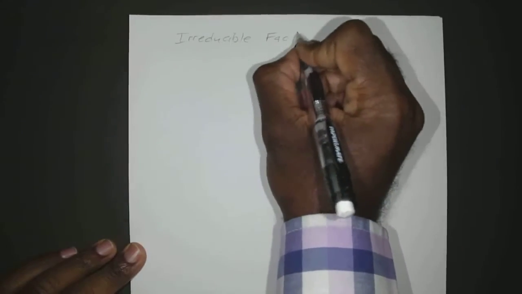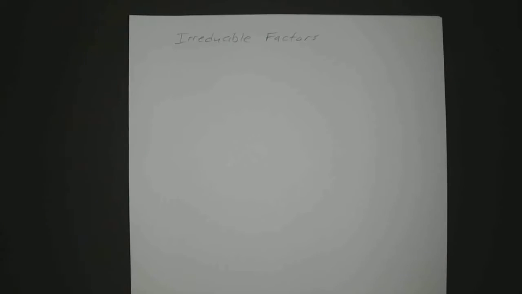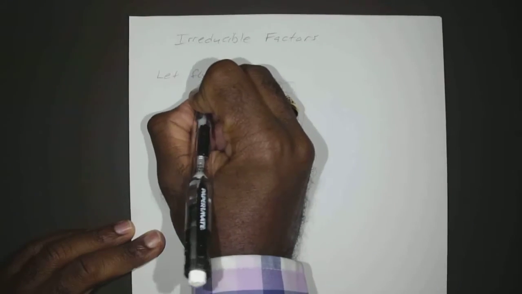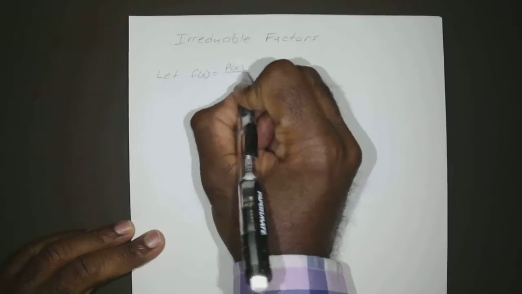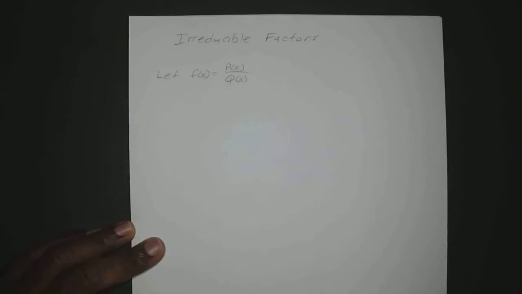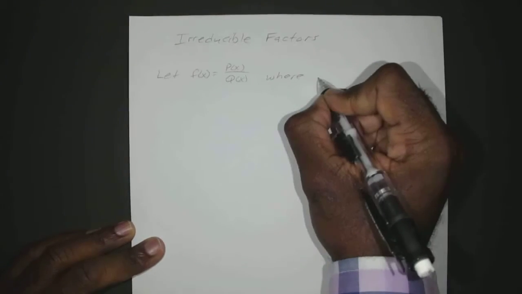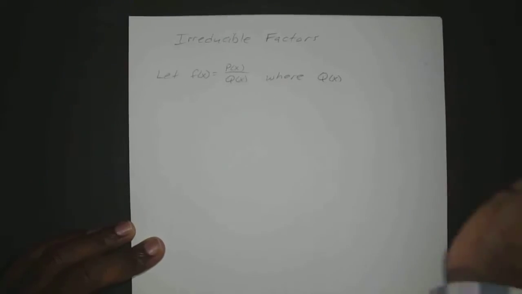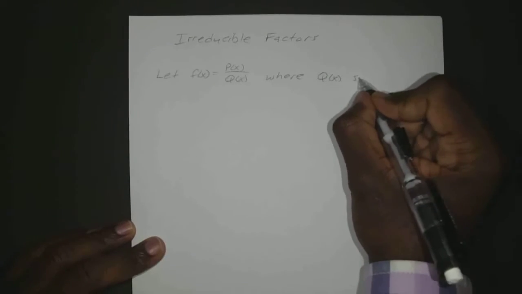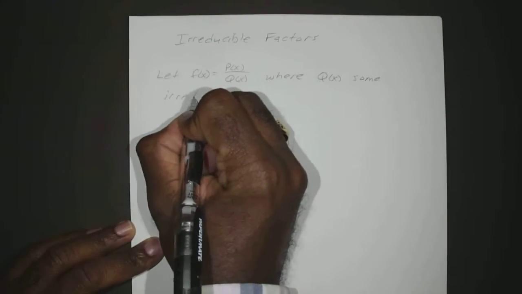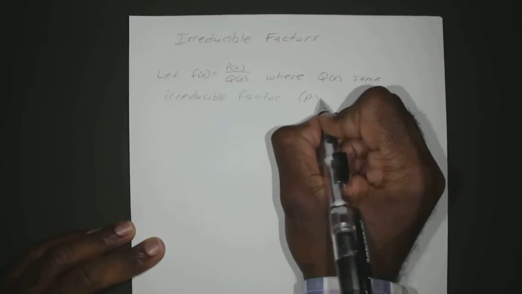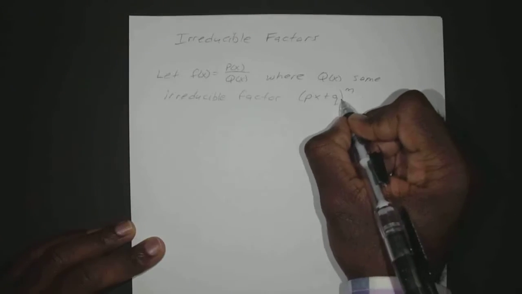Okay, so now we're going to look at irreducible factors. Let's say we let f of x equal some p of x over q of x, where q of x equals some irreducible factor, px plus q to the power of m.